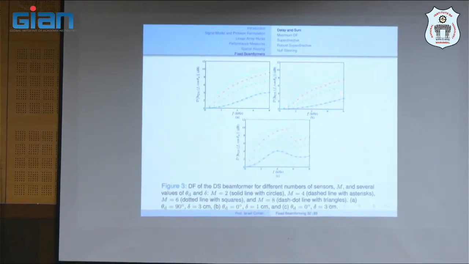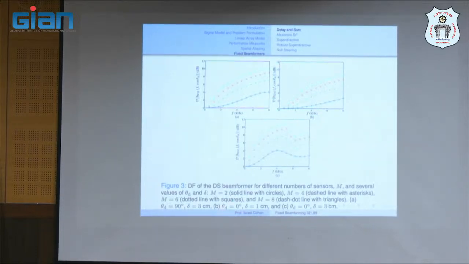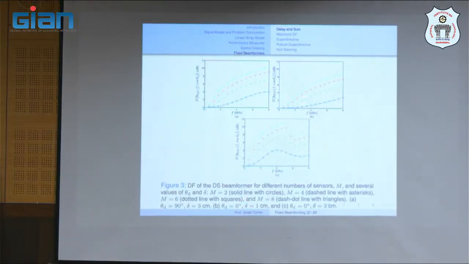In the second plot, theta d, the direction of the source, is 0 degrees, from the endfire, and the distance between the sensors is 1 centimeter. You see that for higher frequency, the directivity factor increases in these 2 cases.